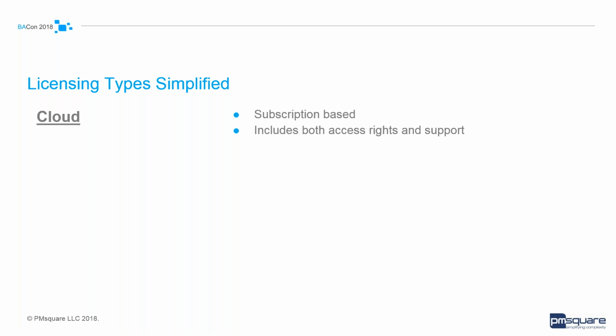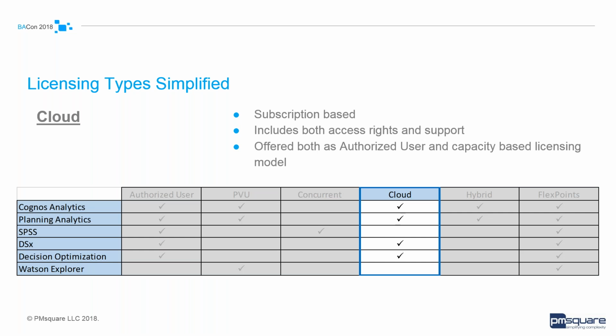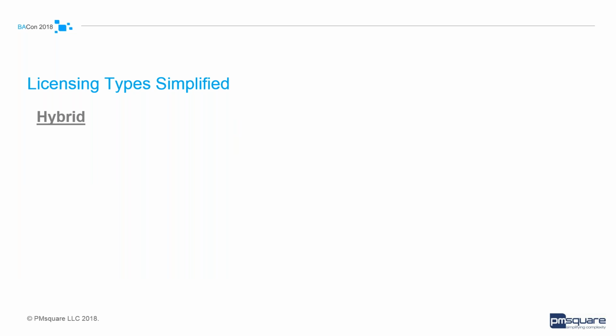It includes access rights and support for that price that you pay, and it is offered as both authorized users and capacity style licensing. So essentially, what you have available on premise, it's available on the cloud, but in more of a subscription model. And as far as what's available with it, Cognos, Planning Analytics, data science, and decision optimization are all available as cloud-based licensing. Yeah, I think this one's pretty straightforward.